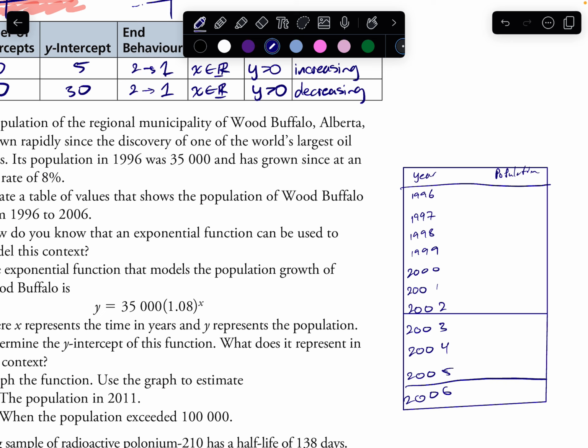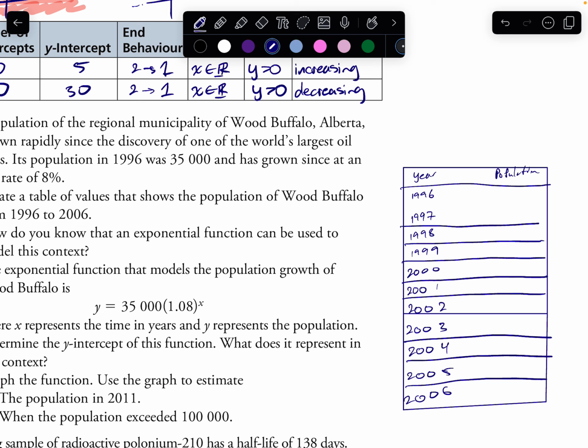So I know it's not the neatest table in the world. It doesn't really have to be.